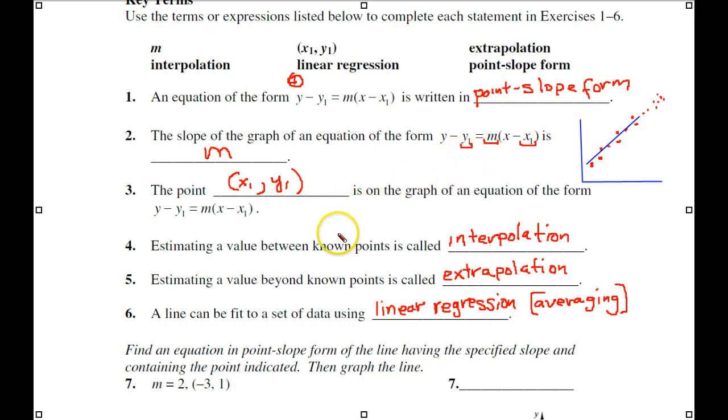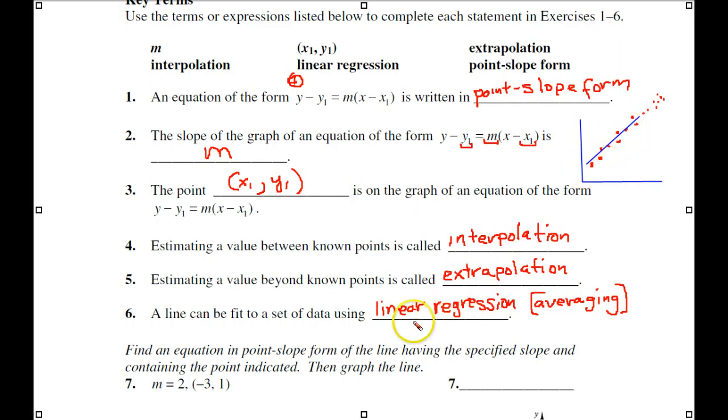Now, another thing we're going to be doing is, here we've made a little graph, and this was the data we collected. And as we look at points along the graph, we could actually get some values. Now notice there's a trend, and the line is not going through every point.